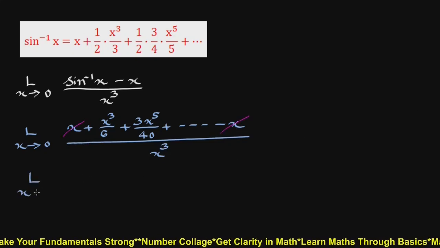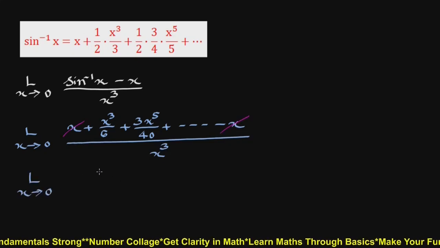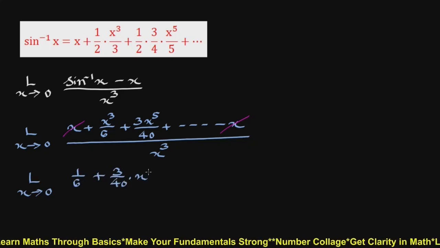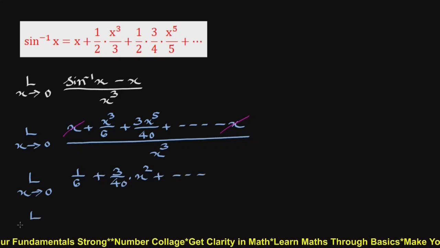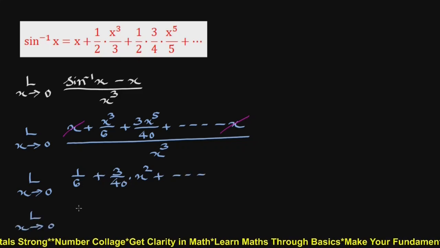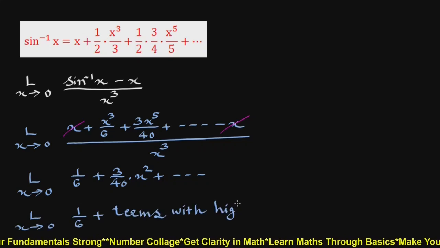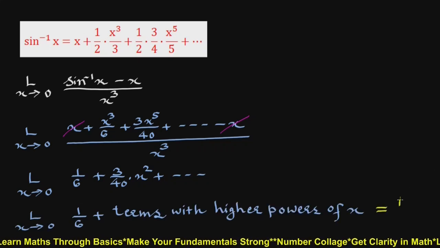This will be limit as x tends to 0 of 1 upon 6 plus 3 upon 40 x square plus so on and so forth. Limit as x tends to 0 of 1 upon 6 plus terms with higher powers of x. So this limit will be 1 upon 6.